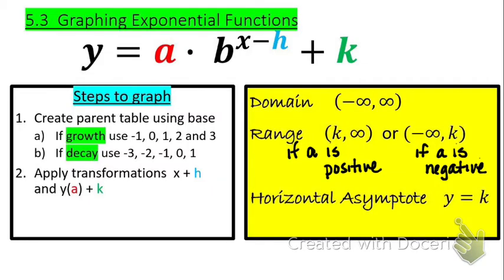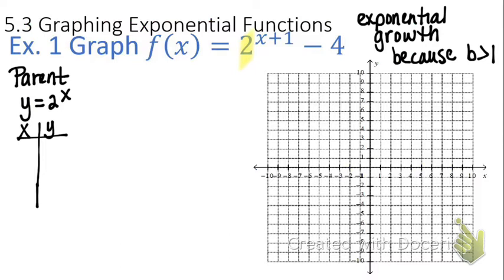And remember that if it's growth, these are the x values that we're going to use. So we're going to use negative 1, 0, 1, 2, and 3 because it's a growth equation. Those are the numbers we're going to use in our table. So we want to use numbers that are more on the positive side of x.